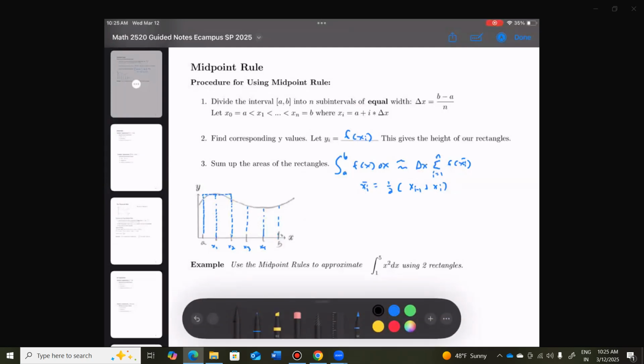And we can see that there's going to be a little bit of overshoot here and overshoot on this side as well. And the next one, and then the next one, and then the last one. Okay, so 5 different rectangles.